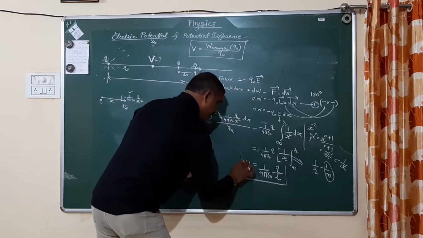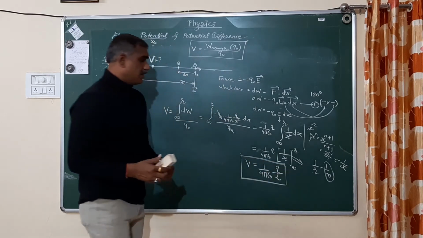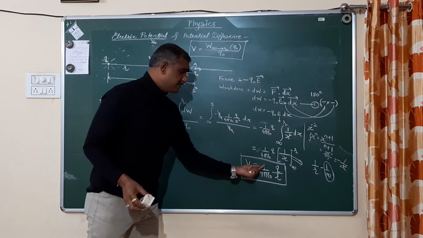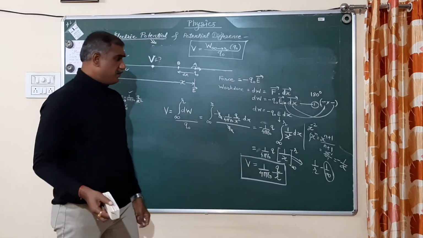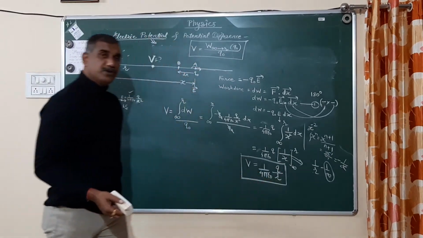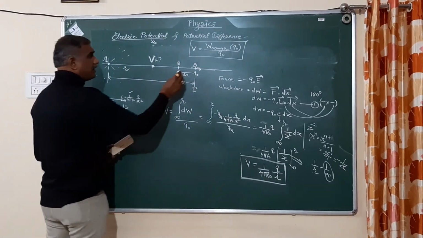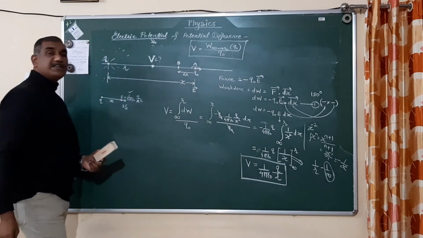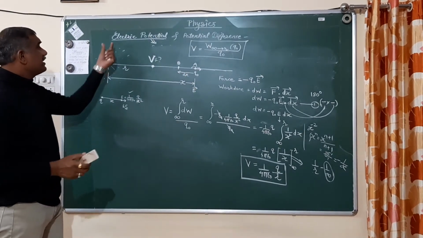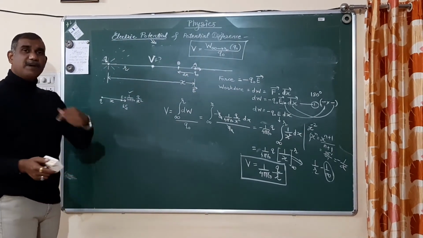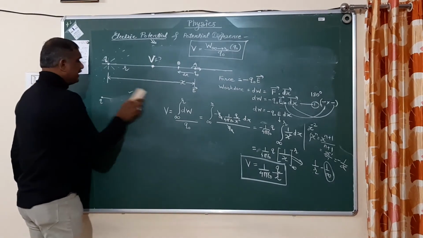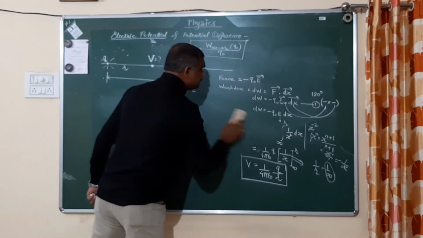This way you can easily obtain the potential due to point charge, that is exactly equal to 1 upon 4 pi epsilon 0 q divided by r. Remember, this way you can easily find out the electric potential. Now the second part, we are moving ahead.